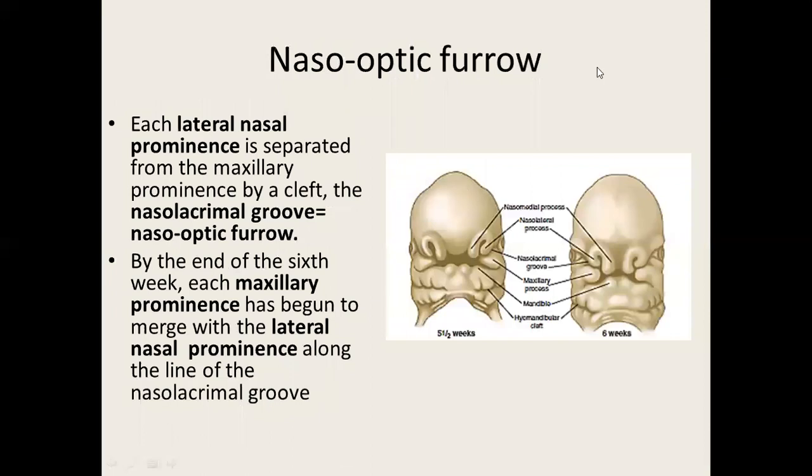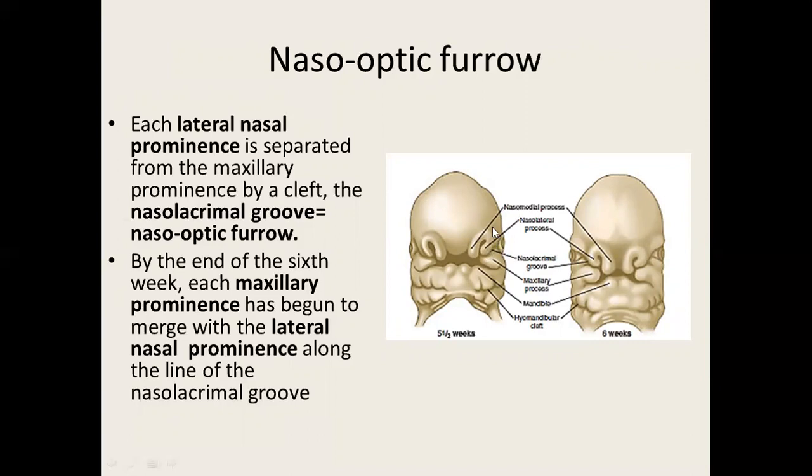Each lateral nasal prominence is separated from the maxillary prominence by a cleft, which is known as the nasolacrimal groove or naso-optic furrow. Why naso-optic? Because it extends from the optic vesicle to the lateral nasal prominence.